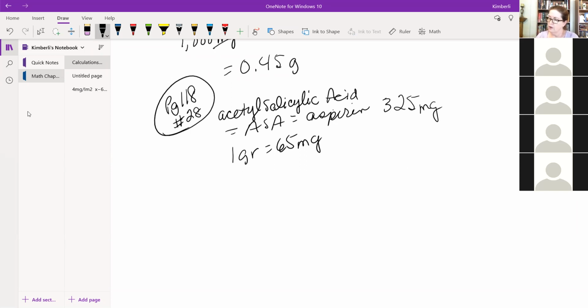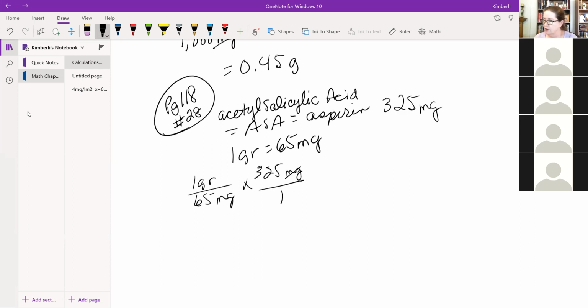Oh no, they ordered 325 milligrams. We need to know how many grains that is, right? Okay, so we're going to go 1 grain over 65 milligrams, and then multiply it by 325 milligrams.